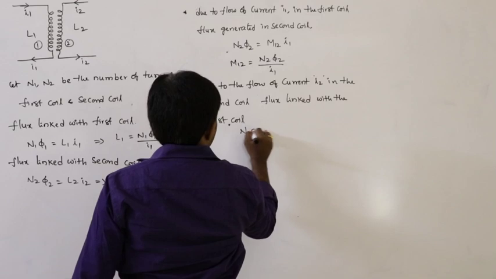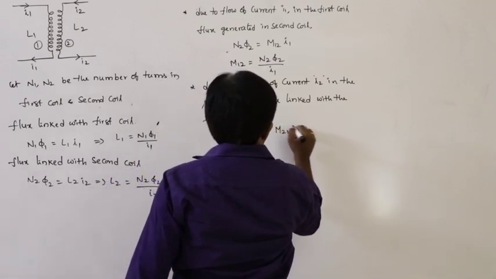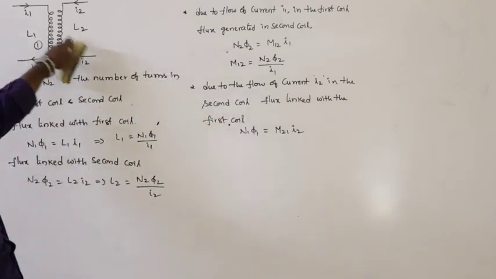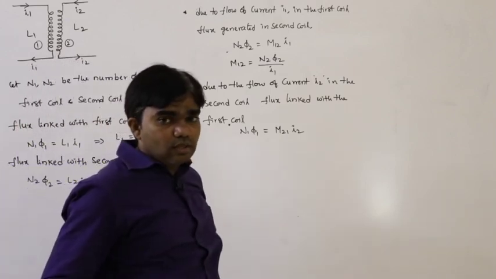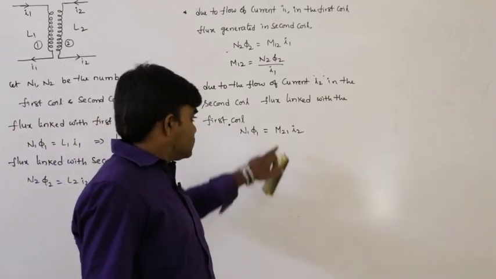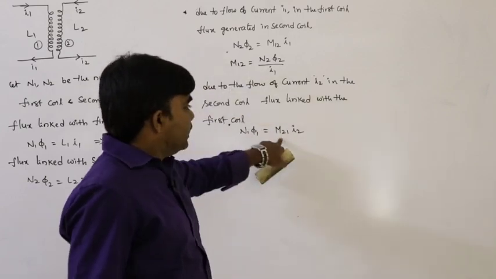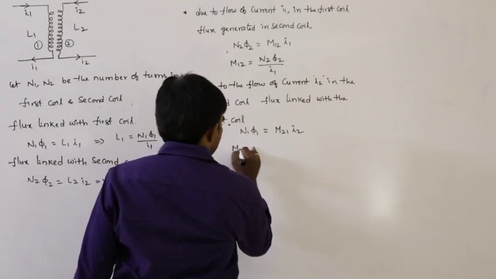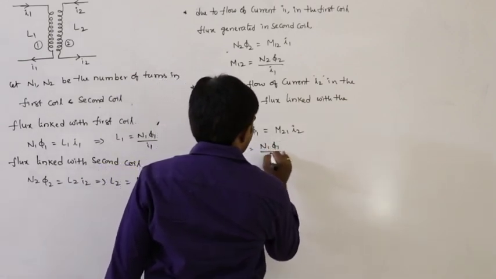The total flux can be written as N1 phi1 is equal to M21 I2. So the mutual inductance due to the second coil at the first coil is M21. Here we used M12, here I am using M21. From this, M21 can be written as N1 phi1 by I2.